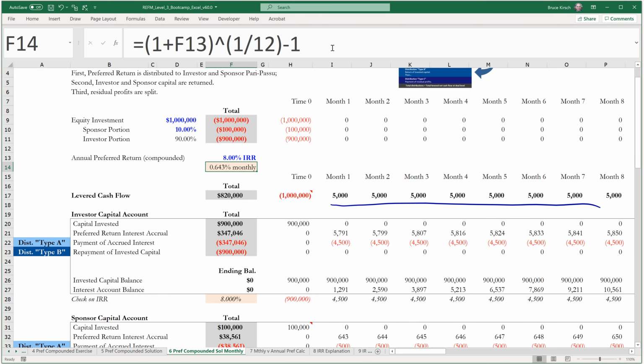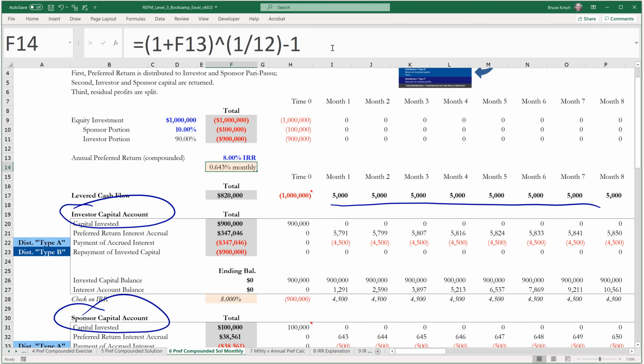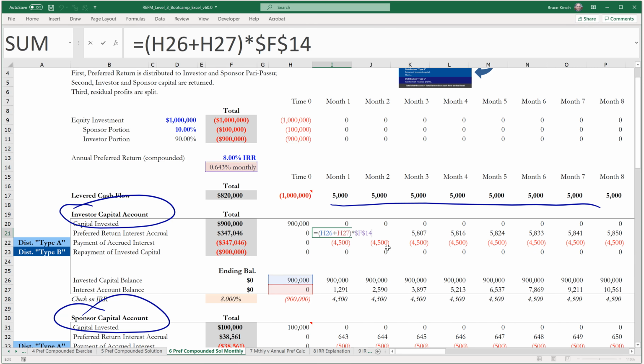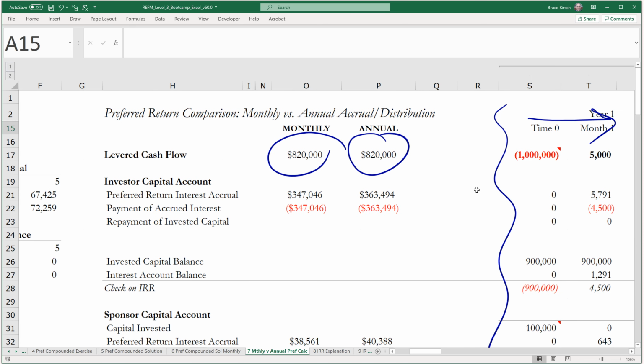That is then going to feed our accruals for both the investor capital account and the sponsor capital account, and the formula is simply going to be the prior period ending capital and interest account balances times that monthly equivalent rate. So what we have here is the monthly fanning out to the right, and I've brought in the annuals. So let's just take a look here at the comparison.